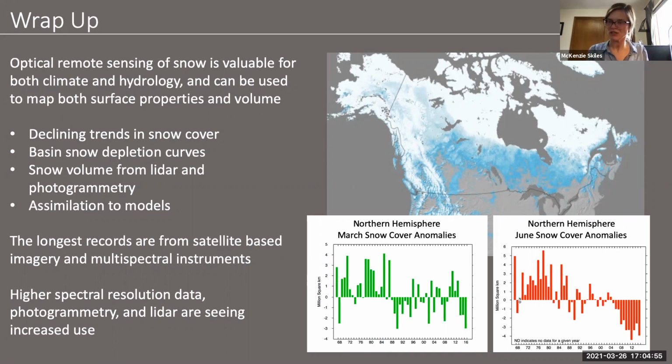Okay, and then the next question is, what about the probability of avalanche based on snow grain size remote sensing? Yeah, so being able to detect avalanches from satellites is one of those really active areas of research. And I haven't seen much done about using grain size, although that's a pretty good idea.